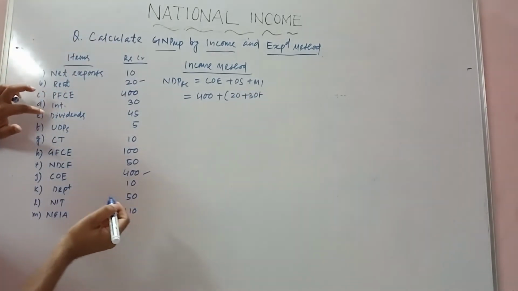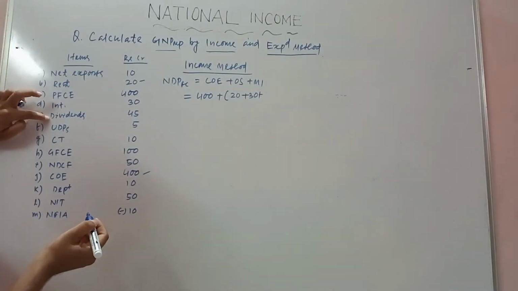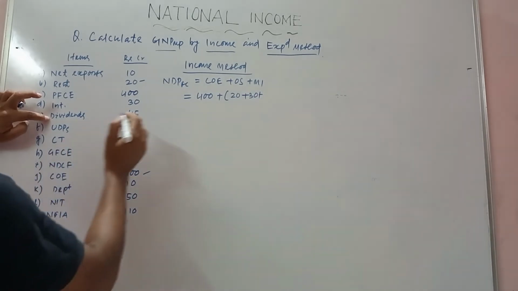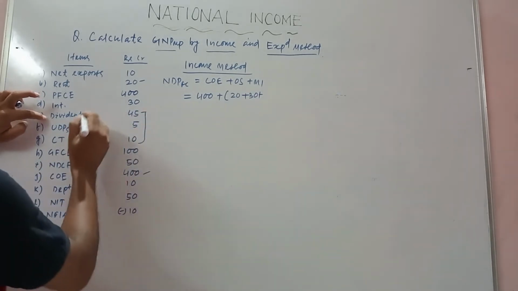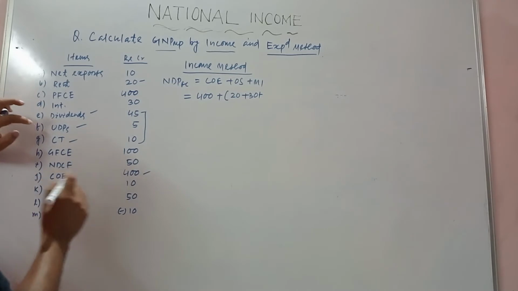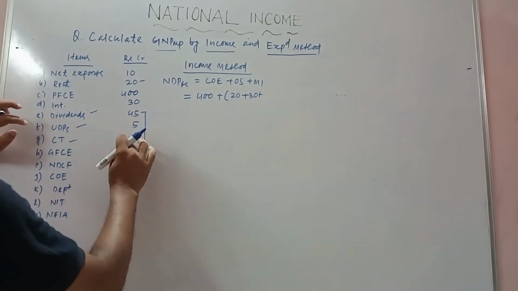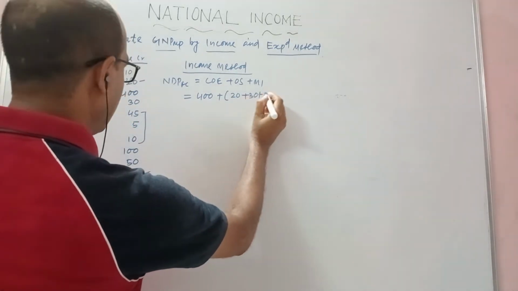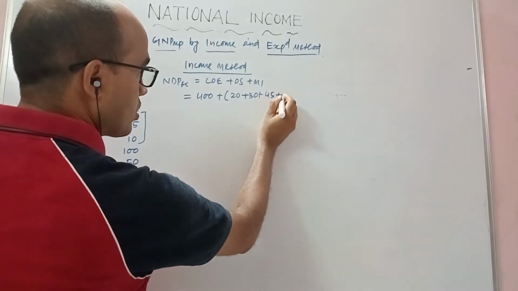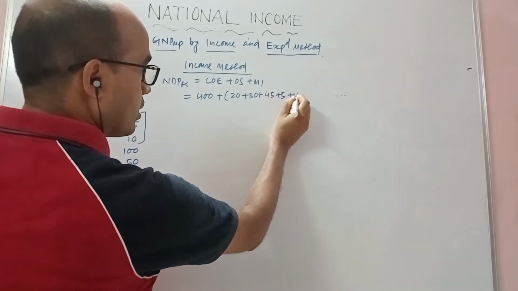And profit is there. Profit is not given, but in place of profit you add three components: dividend, UDP and CT, that is 45 plus 5 plus 10.